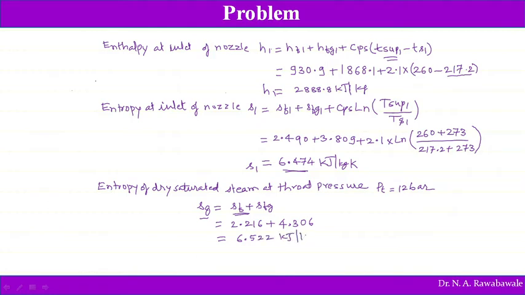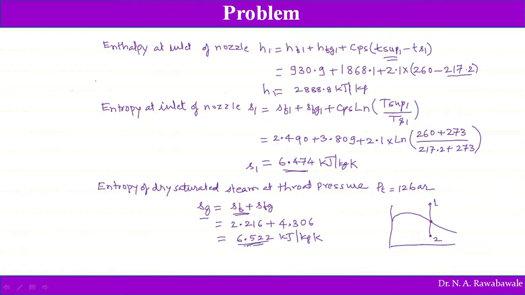kilojoules per kg Kelvin. So now if we see this on the Mollier chart, this is the dry saturation curve. Here we have point 1, and this is point 2. So this entropy which we have obtained is 6.522.